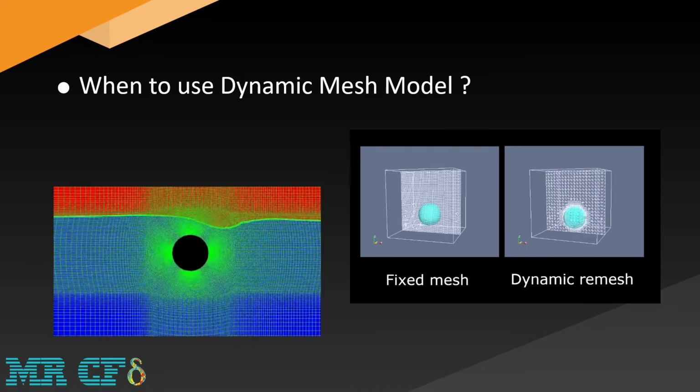The first question that arises is when we should use the dynamic mesh model. Suppose you're going to simulate a model in ANSYS Fluent software where the meshing of the model must undergo momentary deformations. That is, over time, the meshing structure in the computational domain of the model is displaced or deformed. This happens when you have a boundary in the computational domain of the model that shifts over time.